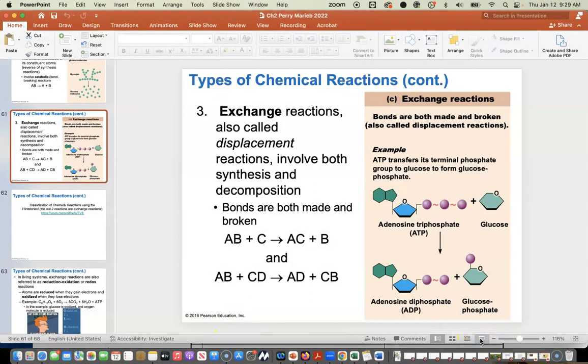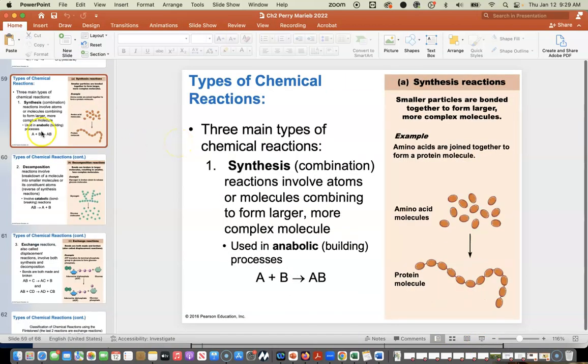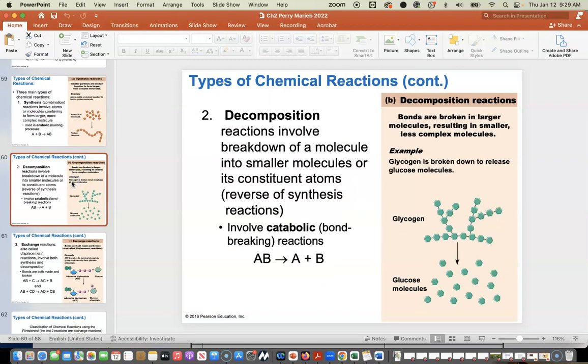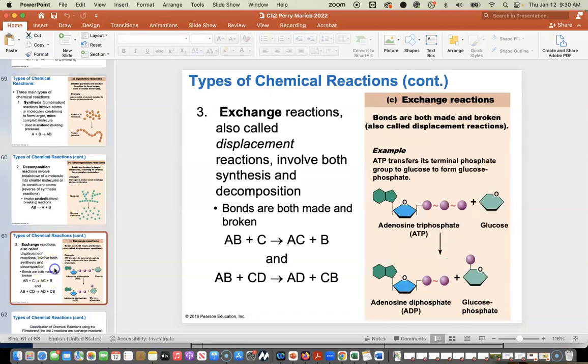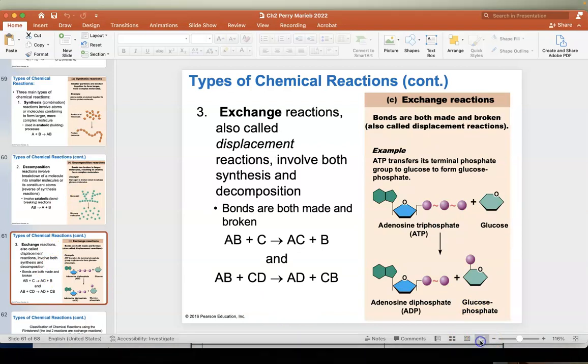So we left off talking about these exchange reactions. So we talked about synthesis reactions, which are part of the anabolic building processes. We talked about decomposition reactions, which are breaking things down. So this is a catabolic reaction. And then lastly, we talked about these exchange reactions.